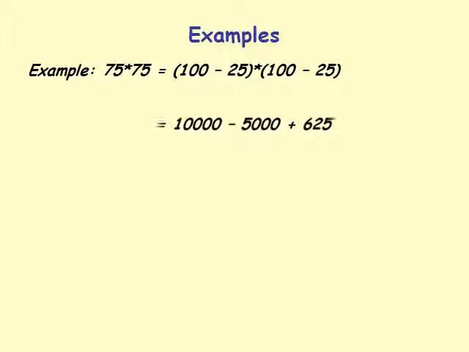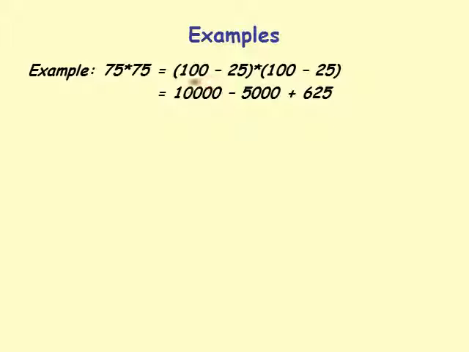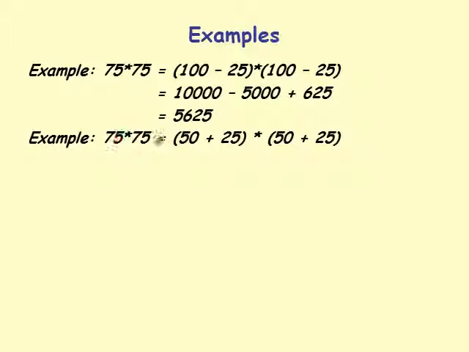So a squared is 10,000, minus twice a, 200, times 25, which is 5,000, plus b squared, 625. 10,000 minus 5,000 is 5,000, and 5,000 plus 625 is 5625.